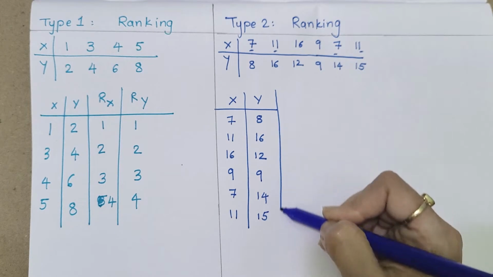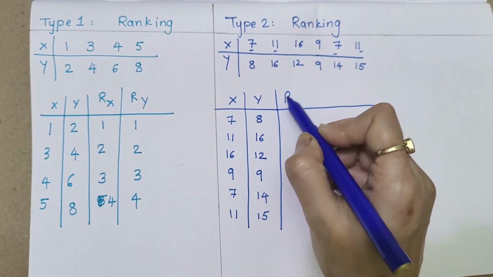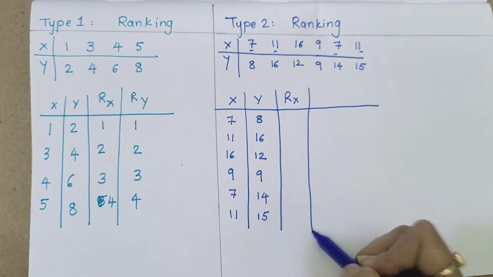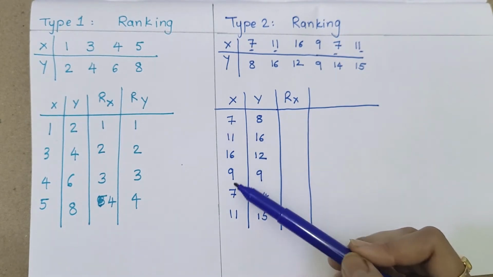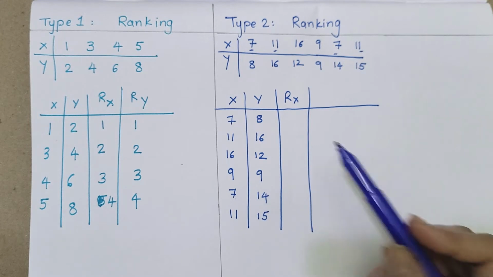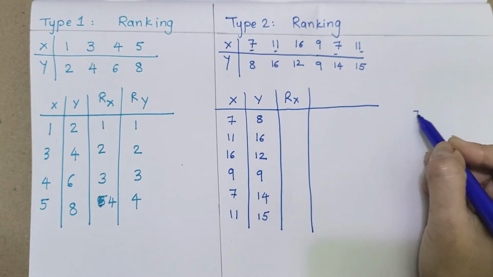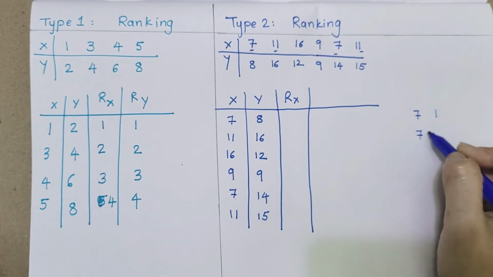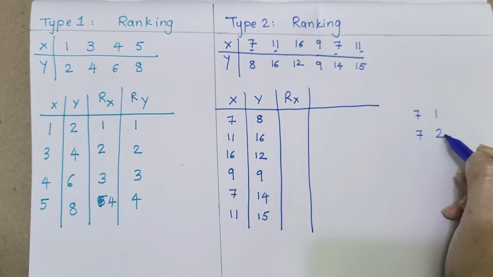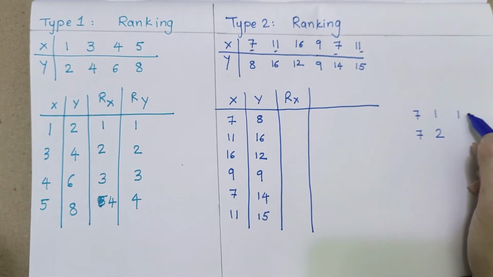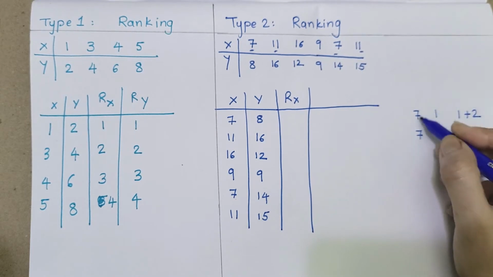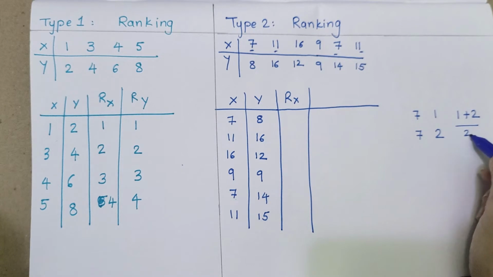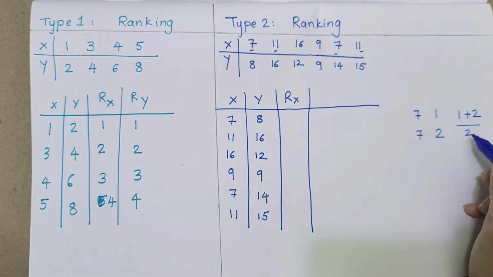So now how does the ranking work here? If the ranking for x is called Rx, the first rank goes to 7 and 7. But we see that 7 and 7 are the same. So this is first rank, and actually some element needs to have a second rank, but 7 is on the same rank again. Now what we'll do in this case: first and second, so 1 plus 2, and how many elements are there? 7 and 7, 2 elements. So divide by 2.